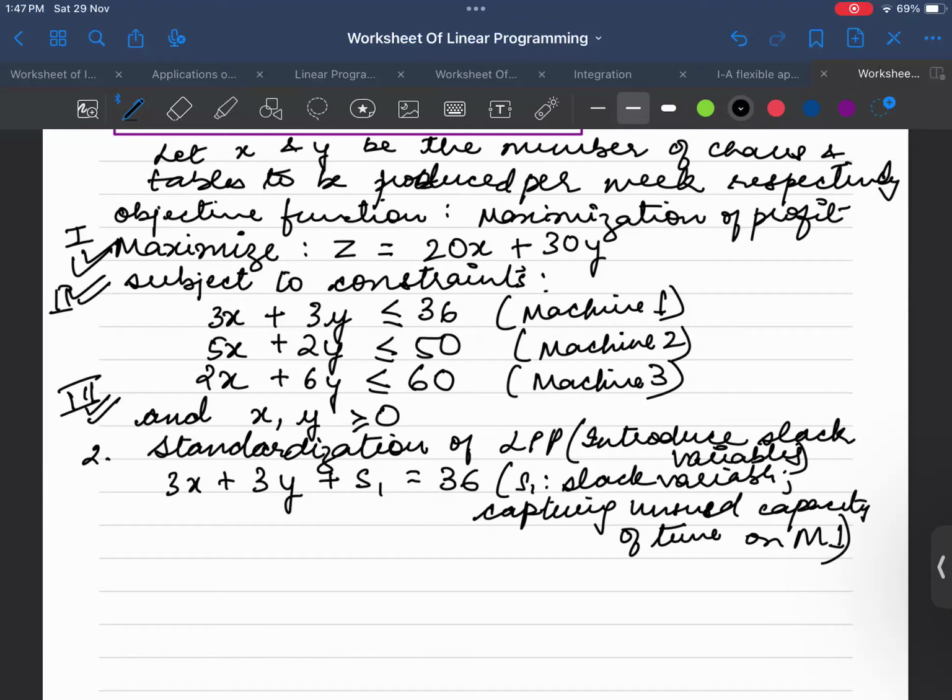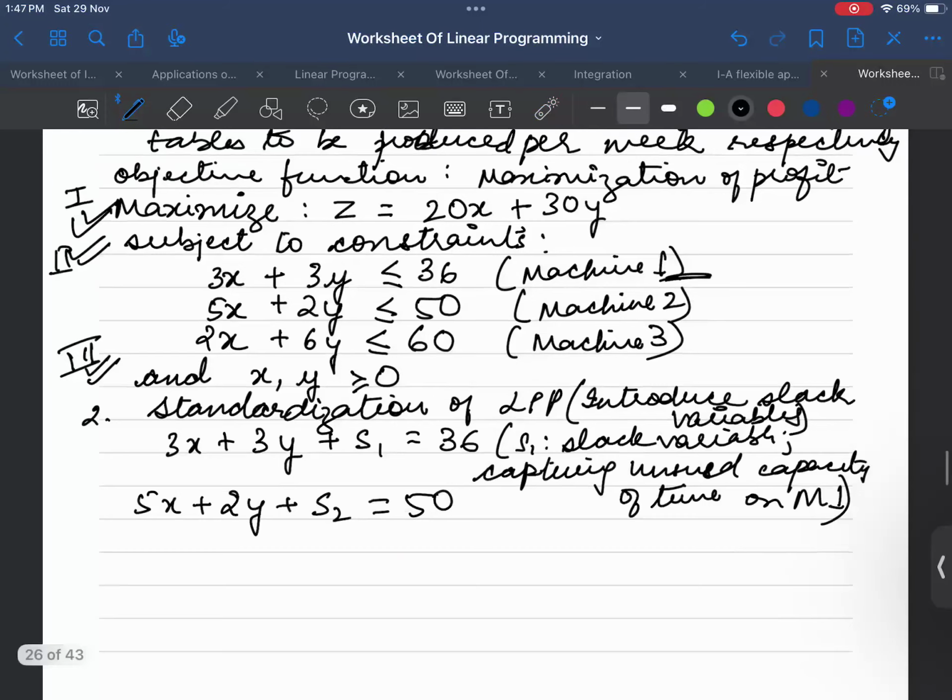Because S1 is for the machine 1 case, we say this is a slack variable, and generally slack variables are the unused capacity. Over here we are adding the slack variable, which is the variable that is unused. Like that for the second machine also: 5x plus 2y plus S2 equals 50. Simply, we are adding the slack variables into it.